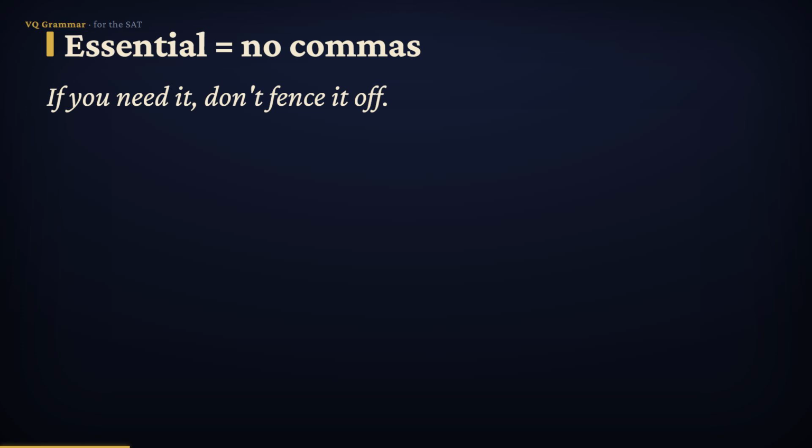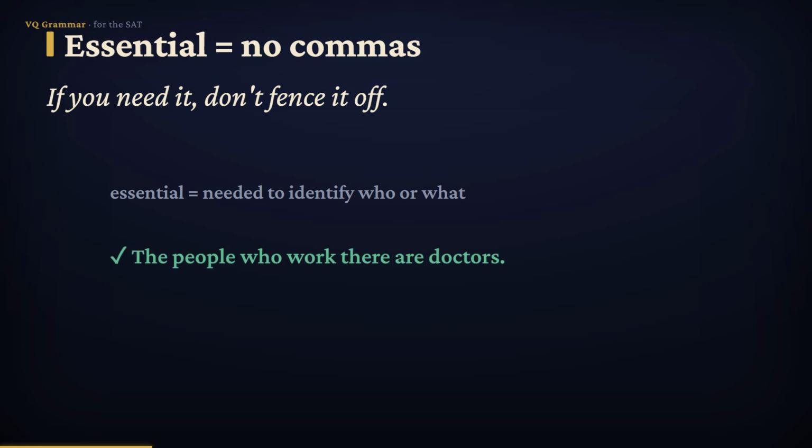Now the flip side. Some elements are essential. The sentence needs them to identify its subject, and those take no commas. The people who work in that building are doctors. The clause, who work in that building, tells us which people, so it's essential. Leave the commas out.